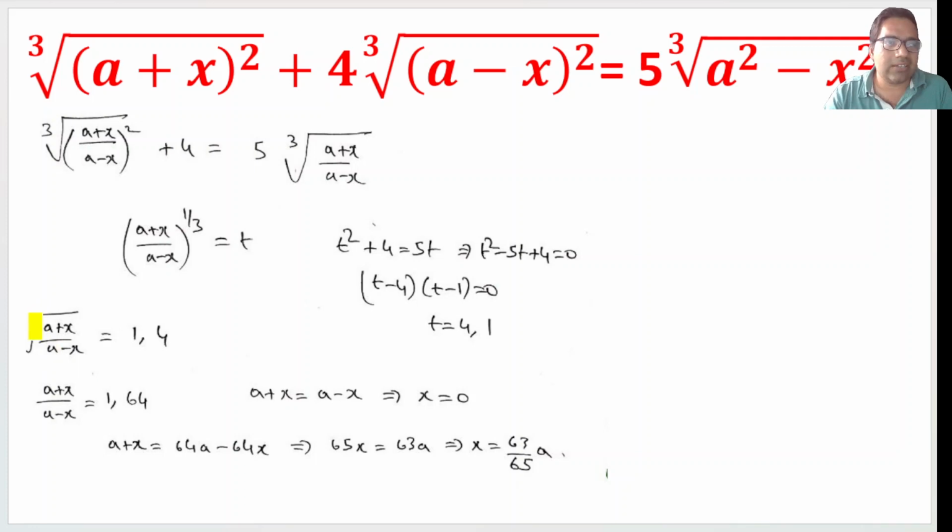What is our t? t is cube root of a plus x by a minus x. Sorry, there is a typo here; this is 1 by 3.